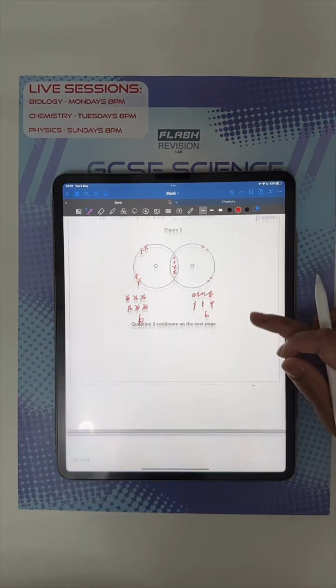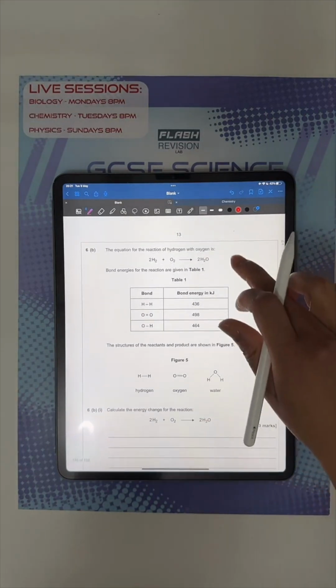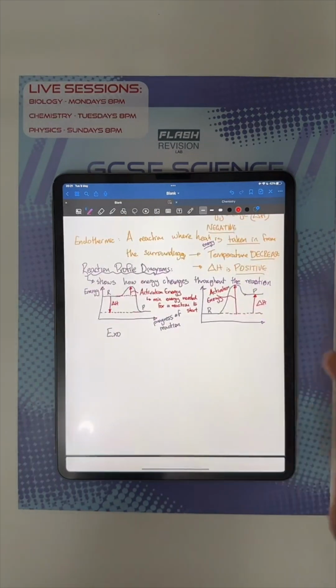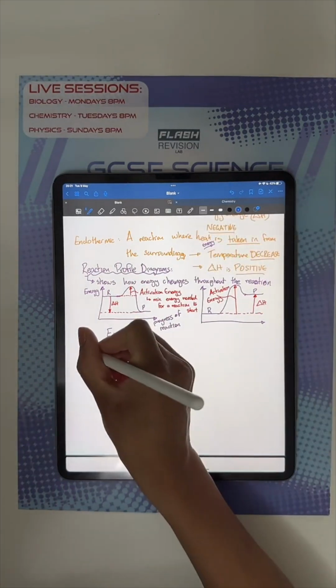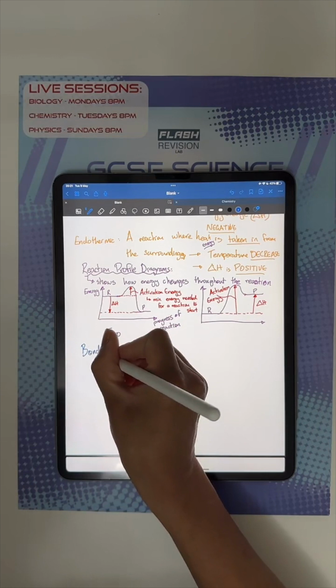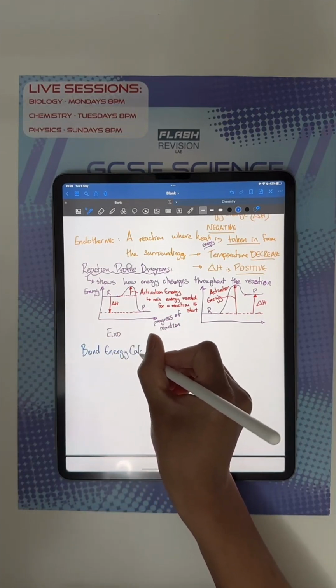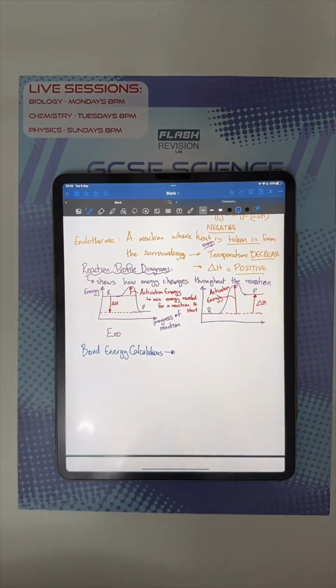All right, moving on. Okay, so here we have a bond energy calculation. So before we start this, let's add to our notes. What's the working out that you usually do for bond energy calculations? Yeah, bonds broken minus bonds made.